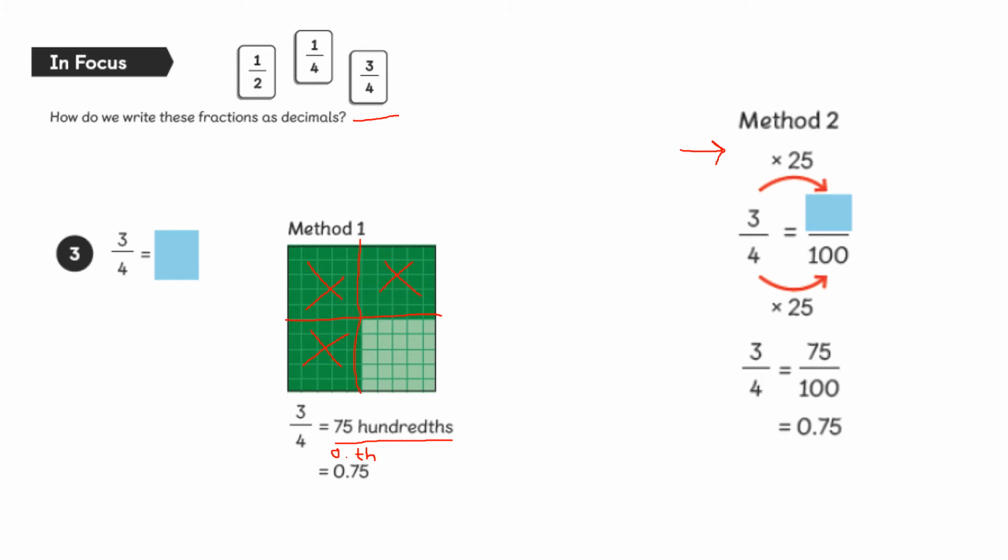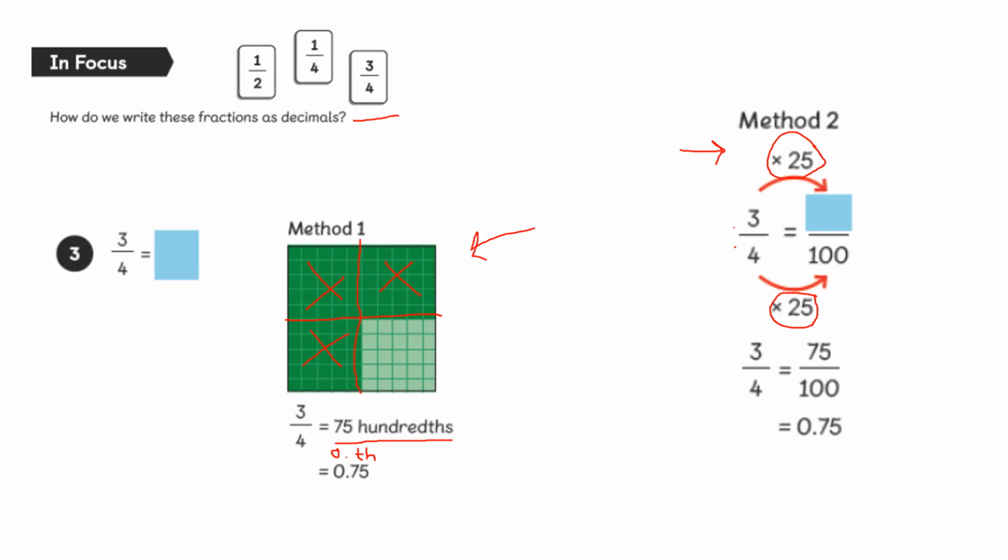Now, method 2 is also using our multiplication knowledge. So you can see here that we've got the fraction 3/4, and we are going to be dealing with multiplying by 25, because we know that each of those quarters are going to be 25 hundredth squares, as we worked out over here.